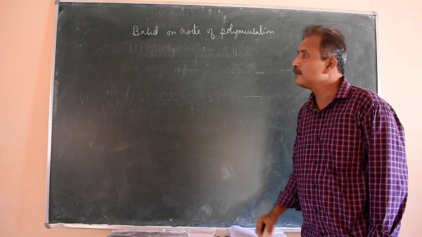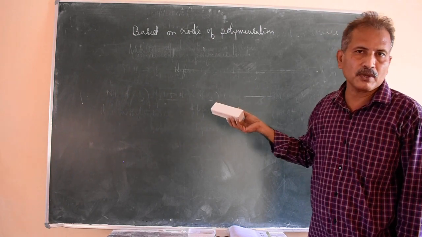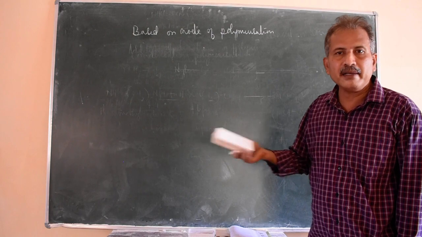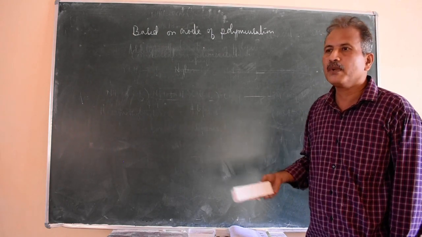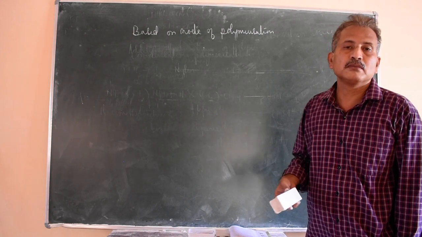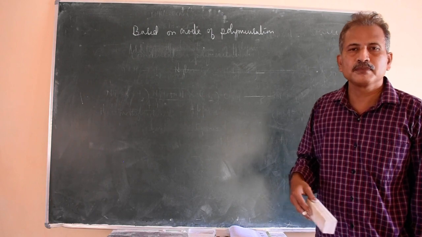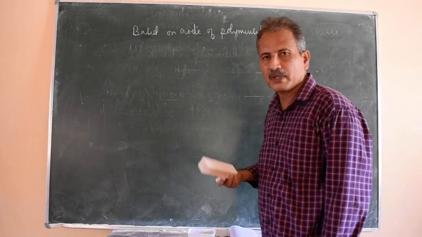There you have addition polymers and condensation polymers. One derived by adding monomeric units, that's the addition polymerization process. Second by combining two units with the liberation of a water molecule or an OH group or an HCl molecule, etc.